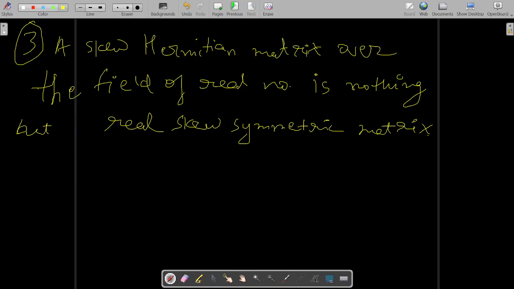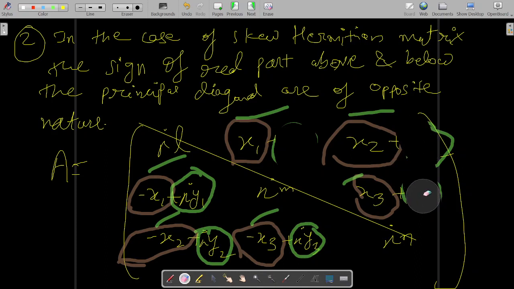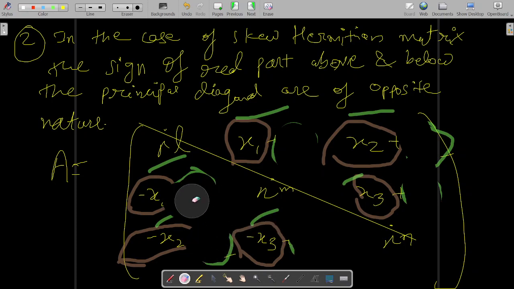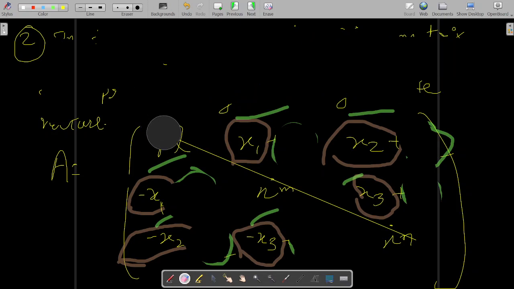Now let me prove this to you. In this particular case, let us suppose that I have taken real field. So in the field of real number, all these elements, that is the iota elements, will go away.